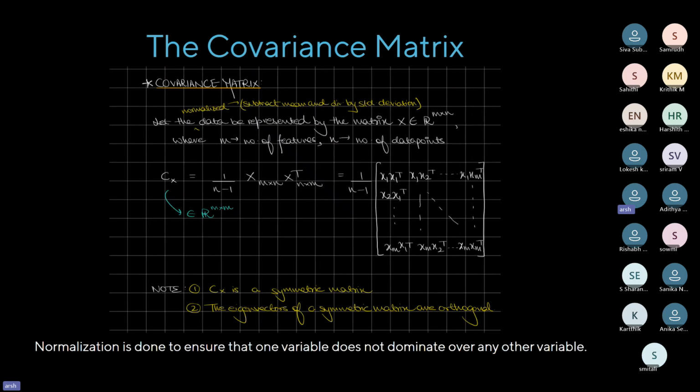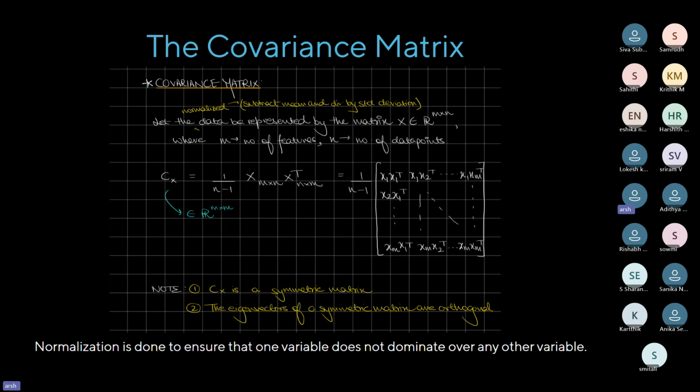Next, we define a covariance matrix. One thing that I have written here is that you have to normalize the data before working with it. You have to make sure that all the data is mean centered and you divide it by the standard deviation, so that one variable does not dominate over any other variable. Say some feature is age.